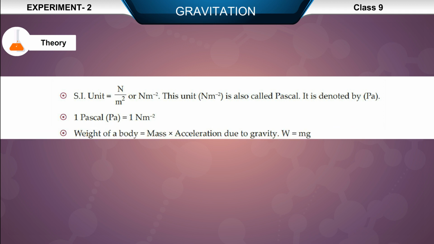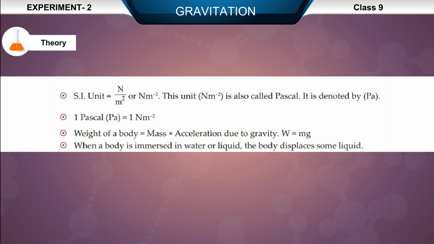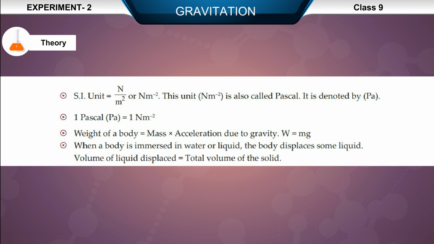Weight of a body is equal to mass into acceleration due to gravity, W is equal to mg. When a body is immersed in water or liquid, the body displaces some liquid. Volume of liquid displaced is equal to total volume of the solid.